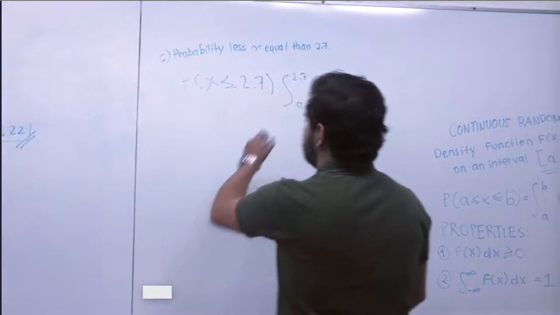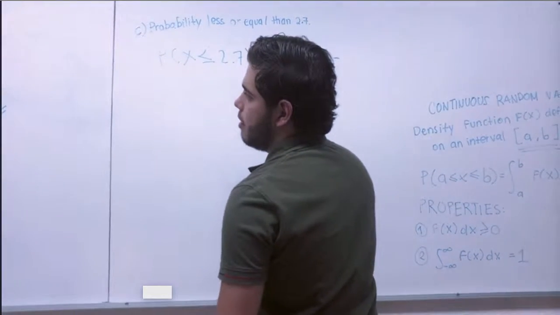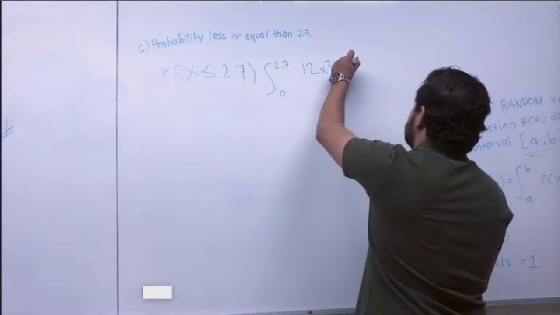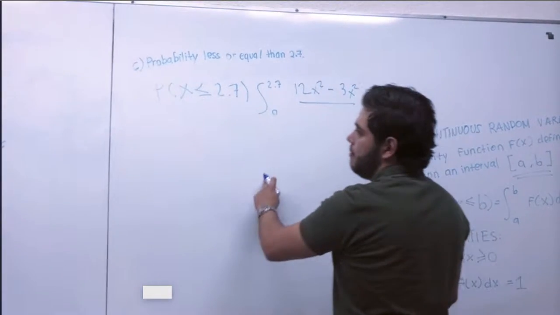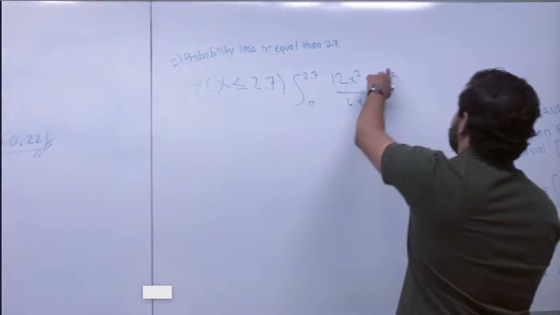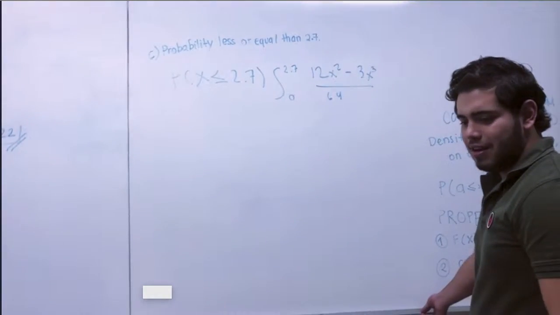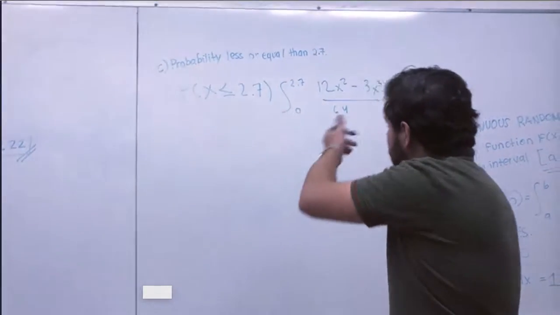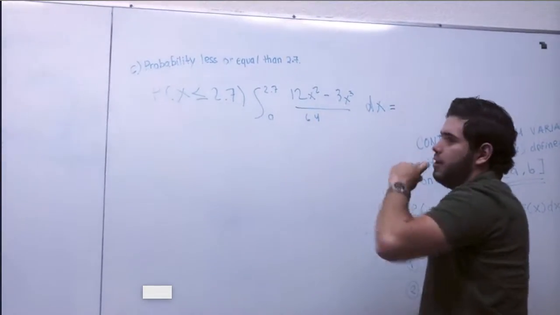12x squared minus 3x cubed divided by 64. And finally we put this in the calculator.